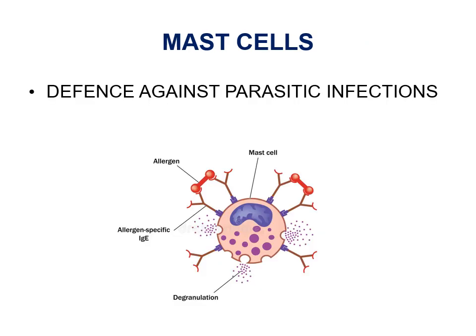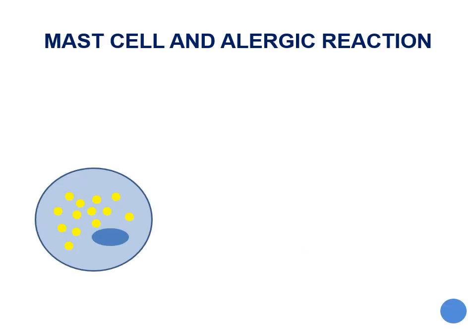Mast cells, usually they are defense against parasitic infection, usually they interact with allergen-specific immunoglobulin E. And what is important is that once activated, they degranulate and release histamine, serotonin, and other signaling molecules. Here is mast cell and allergic reaction.